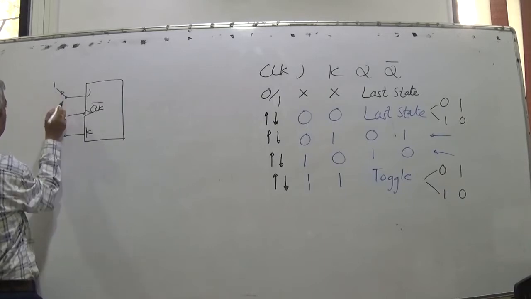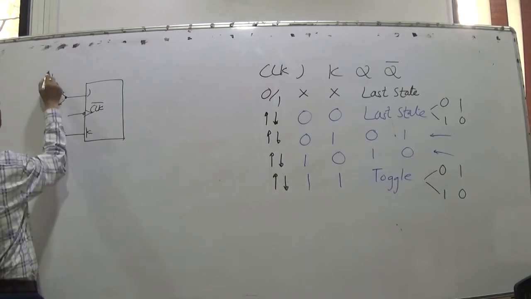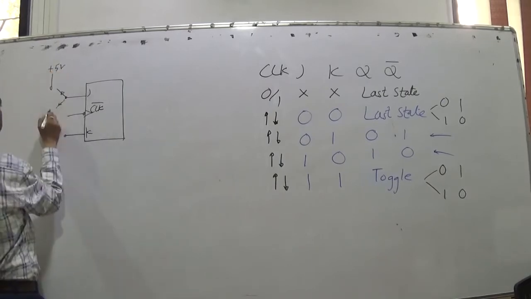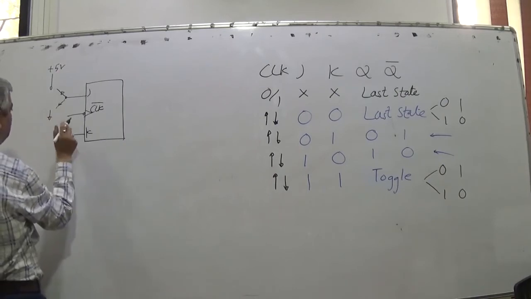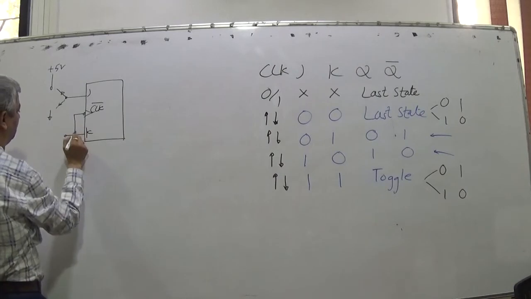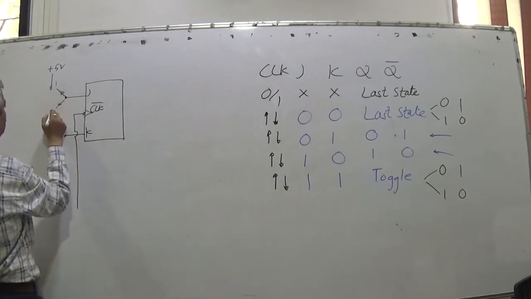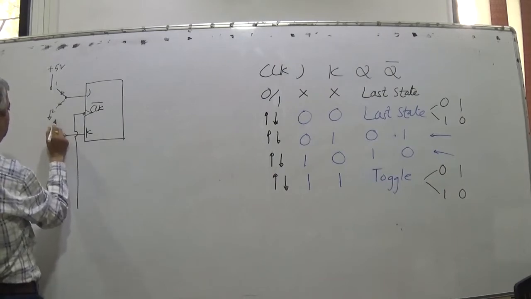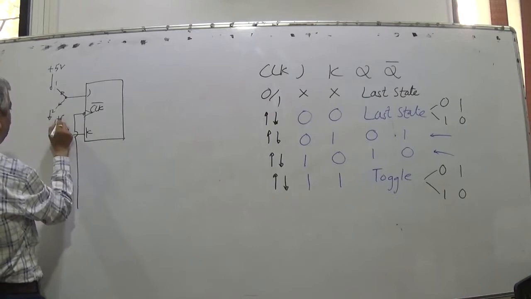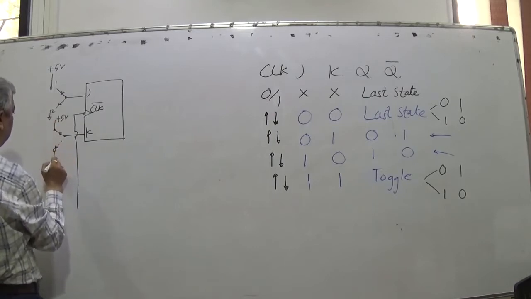I can put it at position 1, I can put it at position 2. This is plus 5 volts, this is ground. Same thing is for K. And for the clock, I will have a separate arrangement here. So for K also, this is position 1, this is position 2, with plus 5 volts and ground.